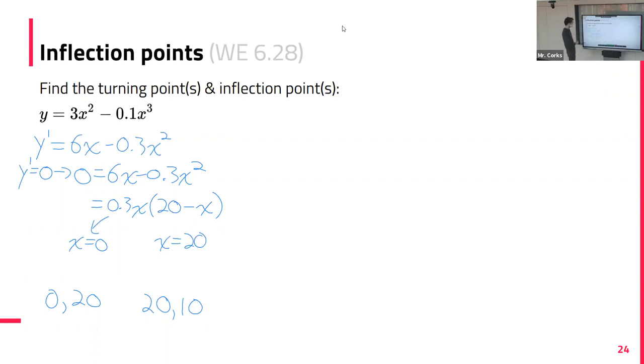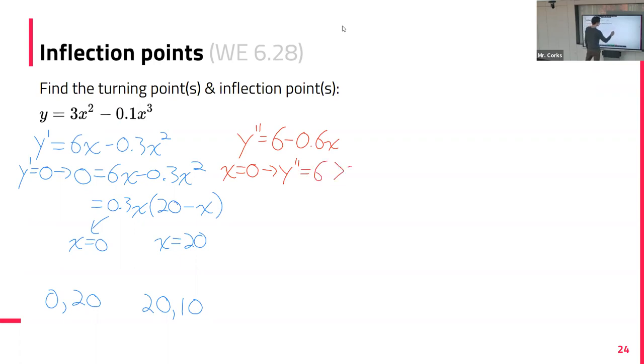Okay, so we have 2 interesting points given our first derivative here. Second derivative, 6 minus 0.6x here. Okay, and we'll test these points. So if x is equal to 0, then if we are substituting 0 in here, the result is just going to be 6.